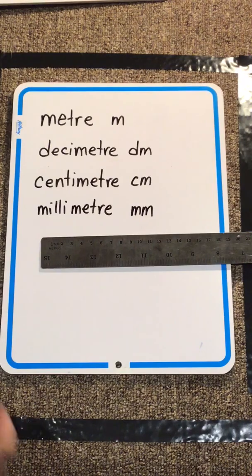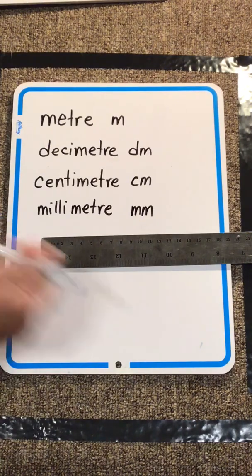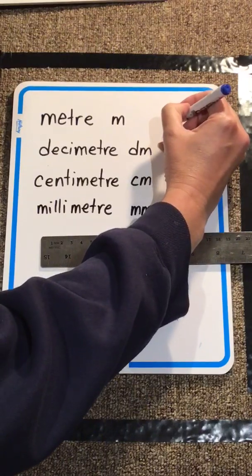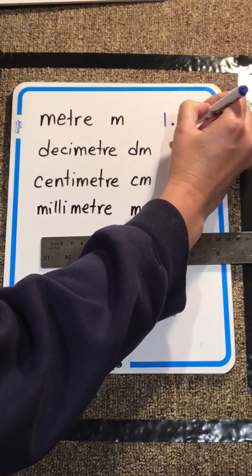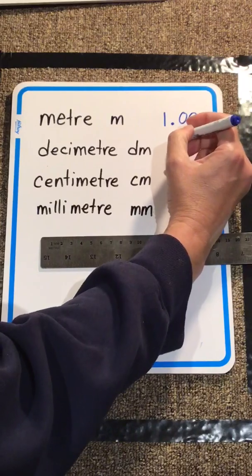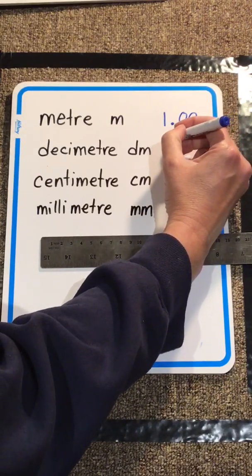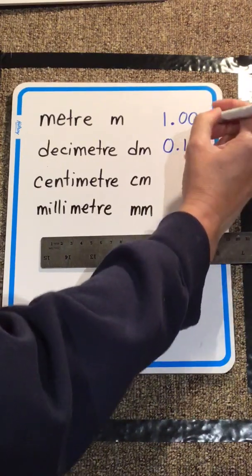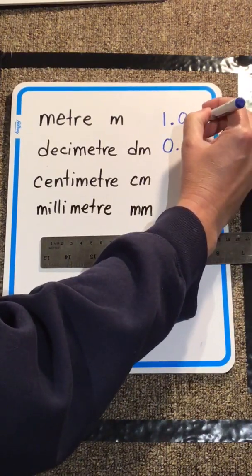Okay, so in decimals, 1 meter is 1 whole, so the 1 goes in the ones column. A decimeter, there's 10 of them, so it's 1/10 of a meter.